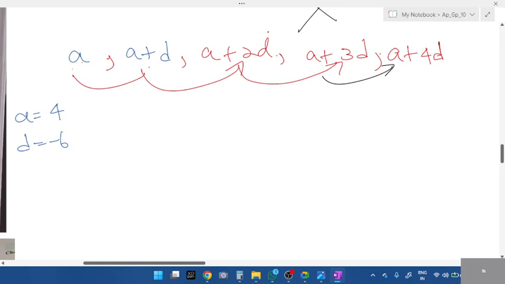A plus D, A plus 2D, A plus 3D, A plus 4D. If they ask fifth term, A plus 4D, it goes on. This is just for AP students. Write it in that formula book.